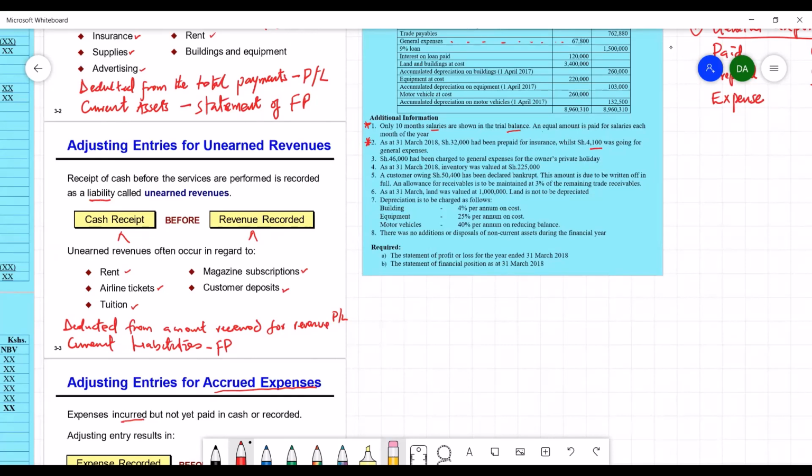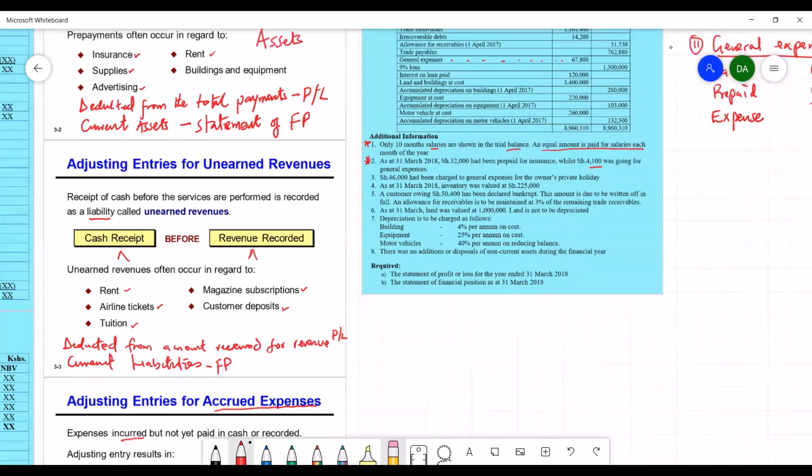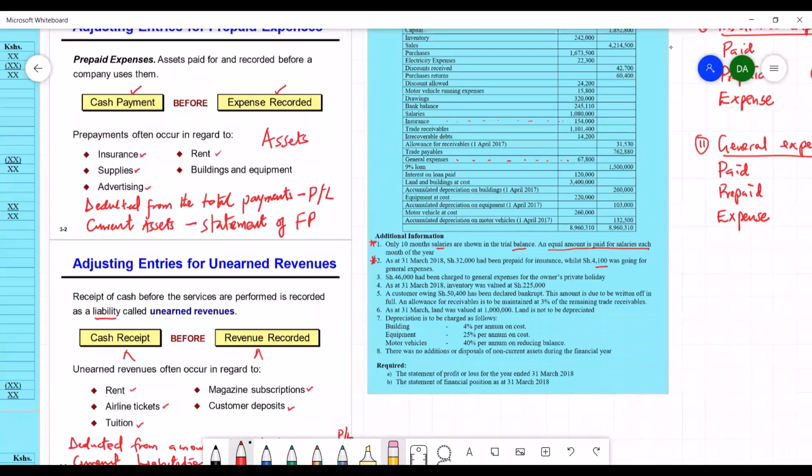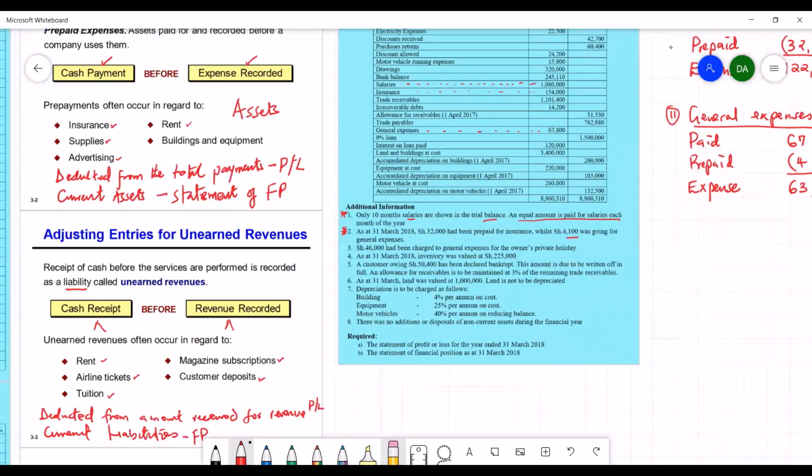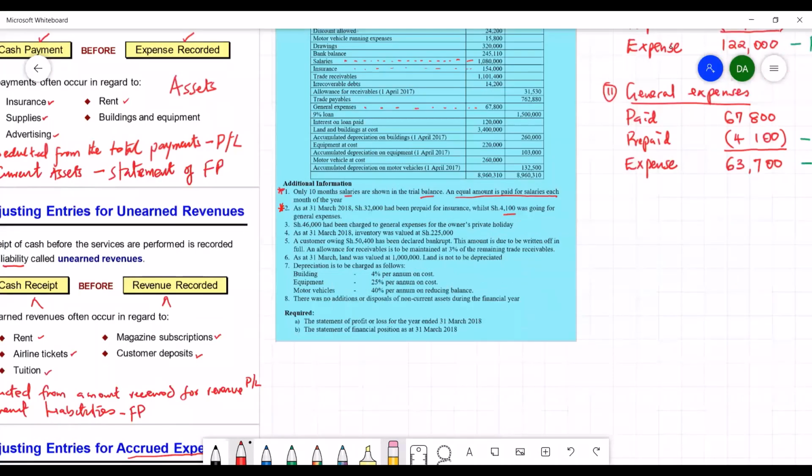We are told that an equal amount is paid for salary each and every month of the year. So salary is paid equally. And therefore, what we're going to do is to look at the amount already paid, which is equal to $1,080,000. So 1,080,000 is for 10 months.